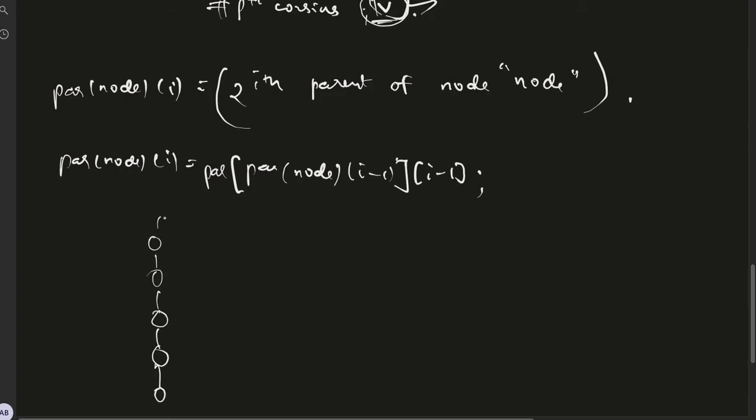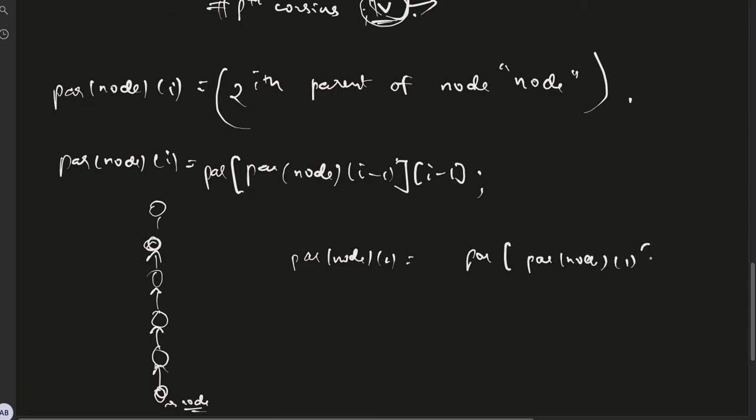Let's say this is node and I is equal to 2, so we need to go from this node to 1 2 3 4 this node. So where node comma 2 in this case would be parent of node comma 1, 1.